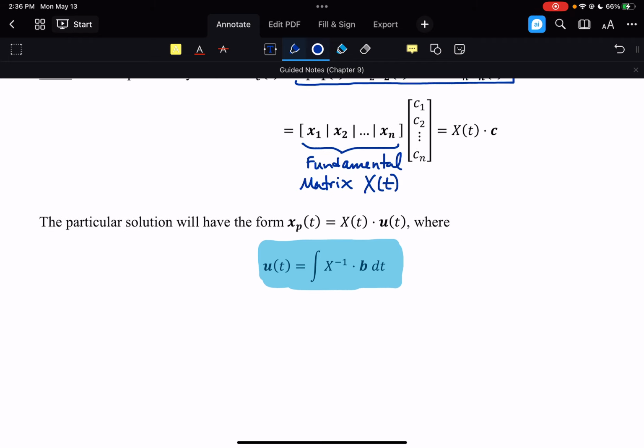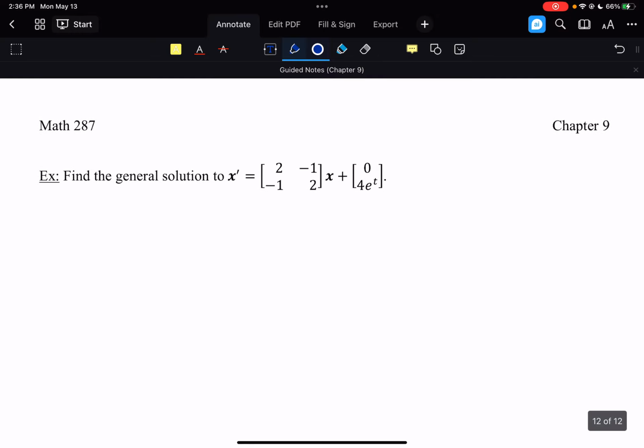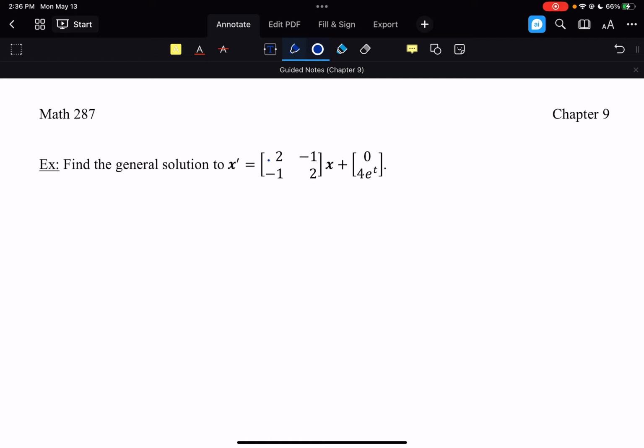So let's take a look at an example of this. Find the general solution to x prime equals this 2 by 2 coefficient matrix A, which is 2, -1, -1, 2, times x, plus this vector 0, e to the t. We're going to start with step 1. We need to identify eigenvalues and eigenvectors to get that complementary solution. So we have the determinant of 2 minus lambda, -1, -1, and 2 minus lambda.